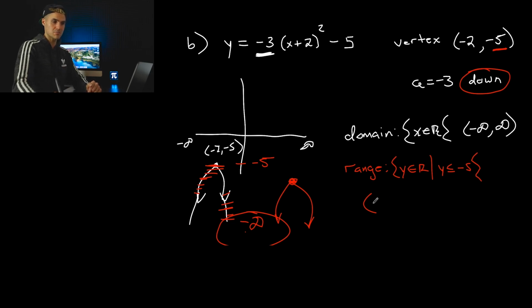Okay, so the smallest y values are -infinity down here, and they're going all the way up to this y value of -5, and it's including the -5, so that's going to be a square bracket, like that.